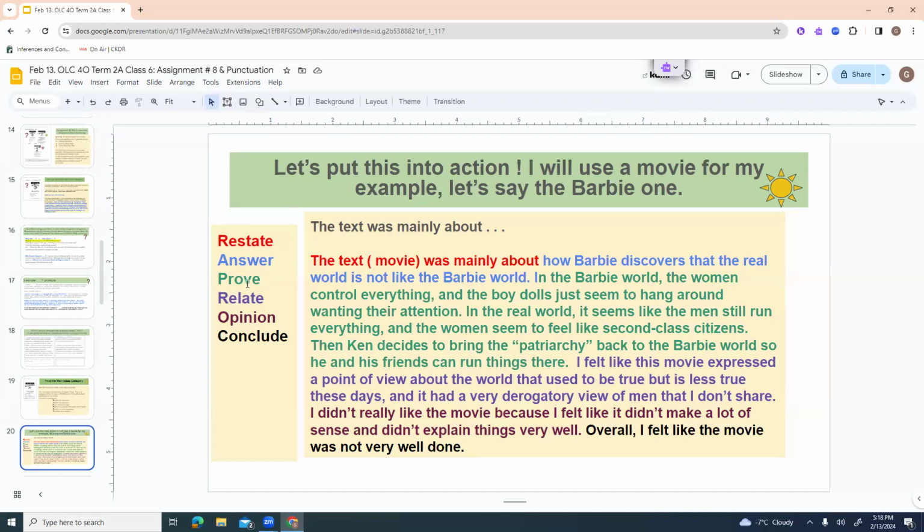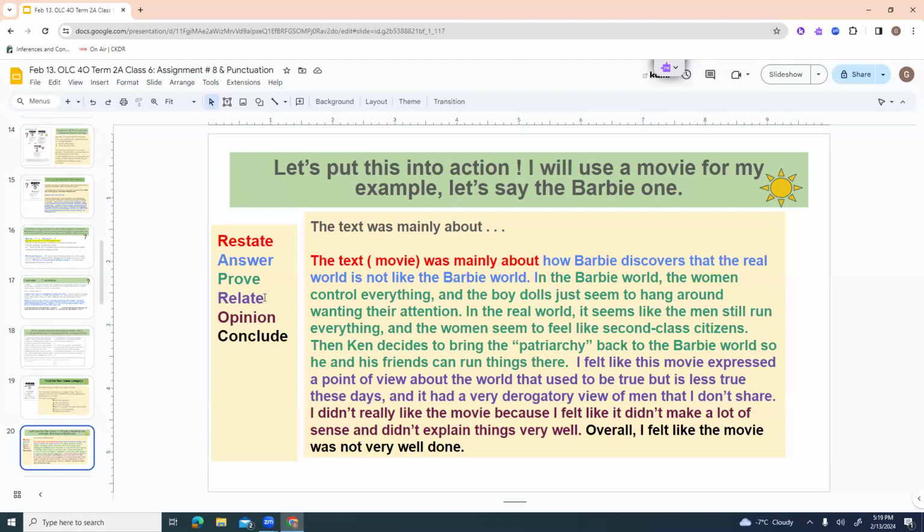Then proving it. When you're proving it, it means that you're going to be using examples from the story to support your answer. In the Barbie world, the women control everything, and the boy dolls just seem to hang around wanting their attention. In the real world, it seems like the men still run everything, and the women seem to feel like second-class citizens. Then Ken decides to bring the patriarchy back to the Barbie world so he and his friends can run things there.